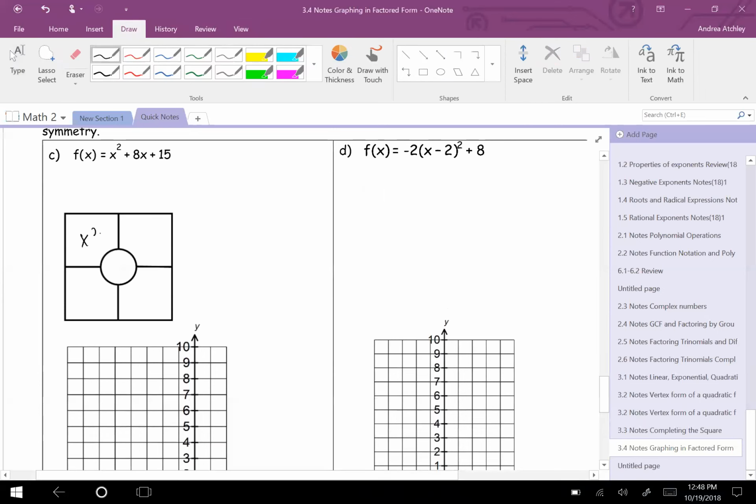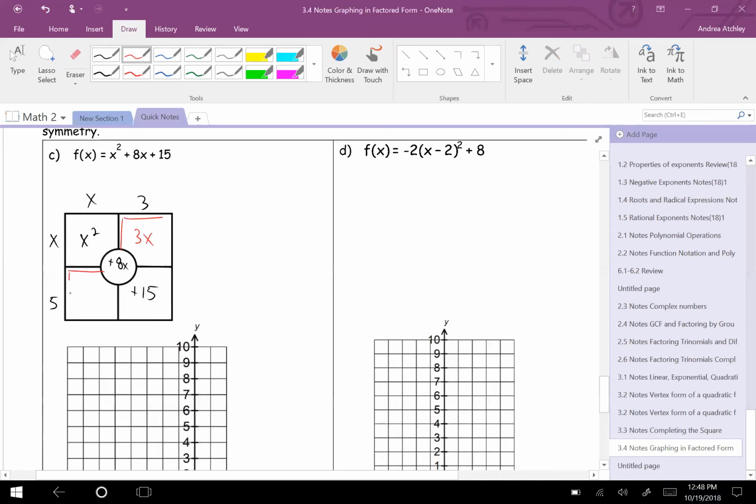So we have x squared plus 8x plus 15. So it multiplies to x squared, class. X times x. Okay. Nathan, what multiplies to 15? 3 and 5. So that will give me 3 times x is 3x.